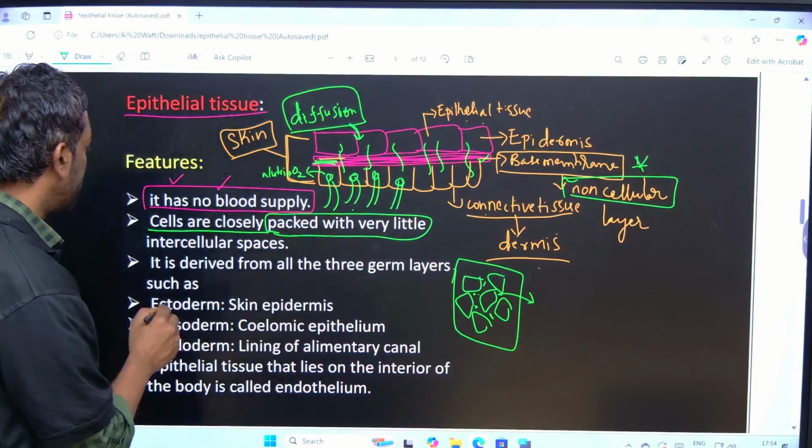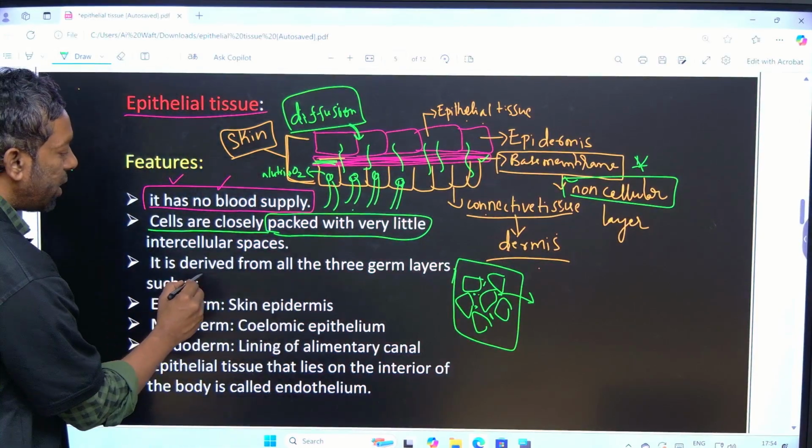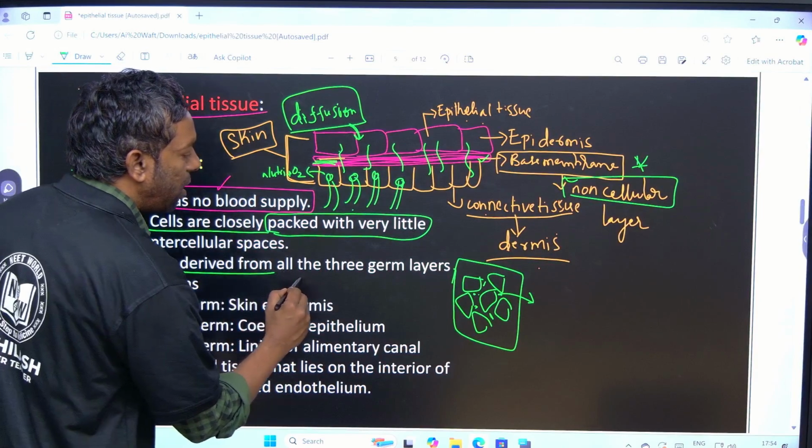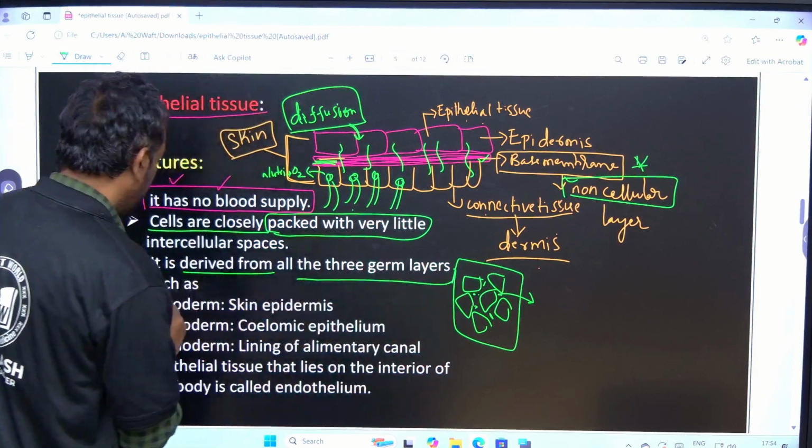Yes, and it is derived from all three layers.